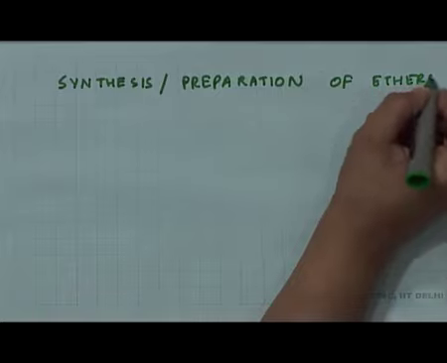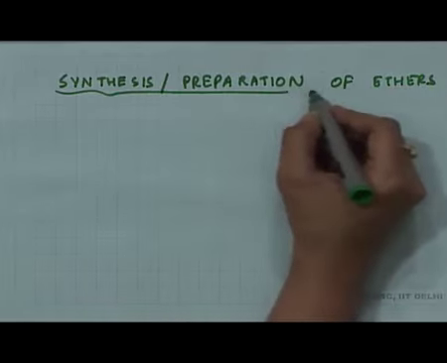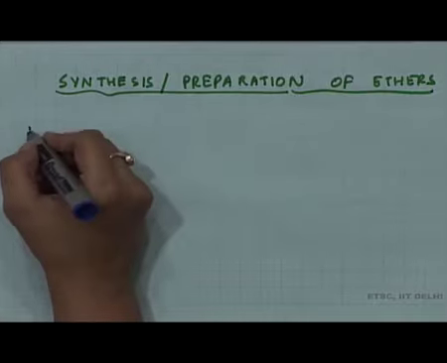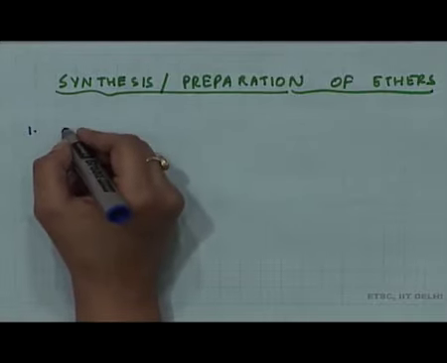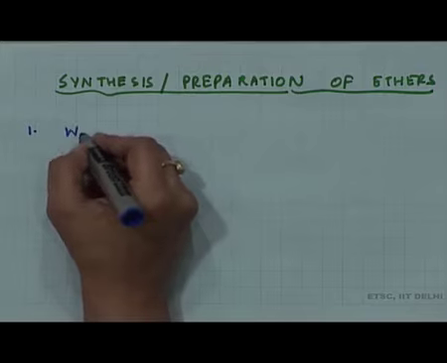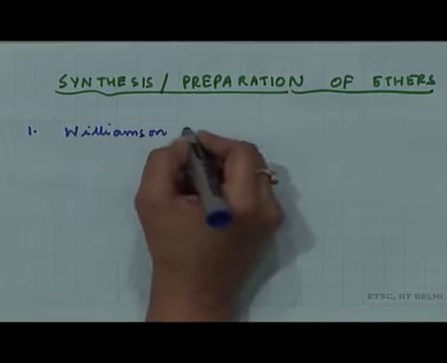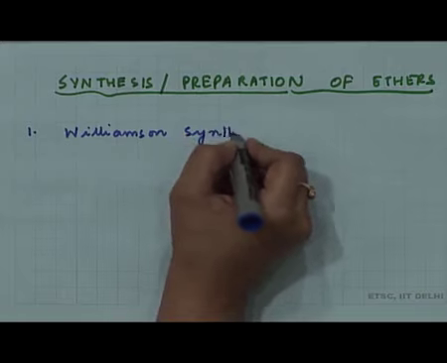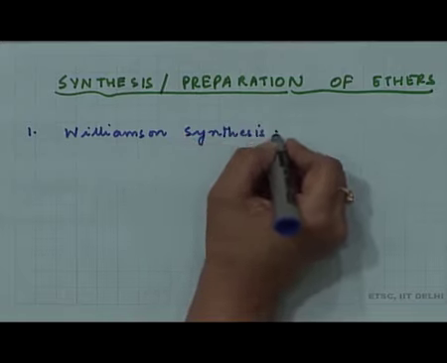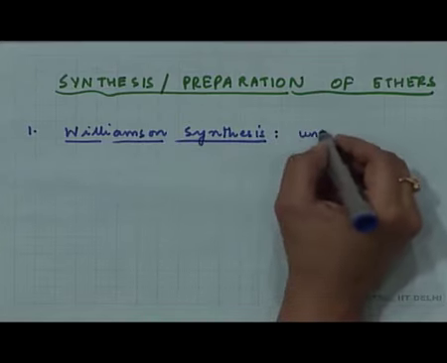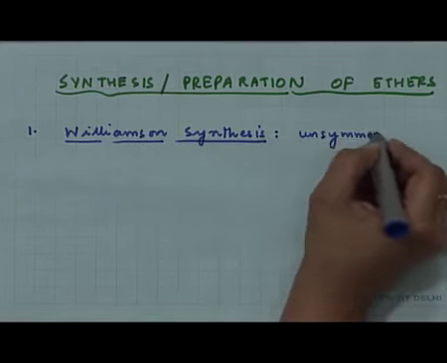The most popular synthetic protocol for making ethers is a name reaction which is called Williamson synthesis. Williamson synthesis is a method which is used to make unsymmetrical as well as symmetrical ethers.